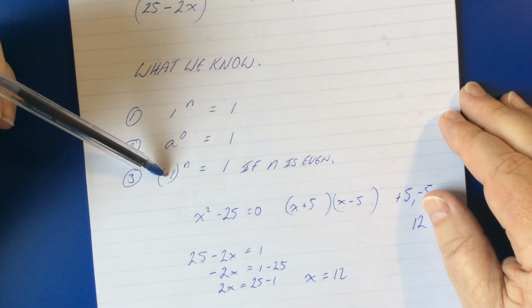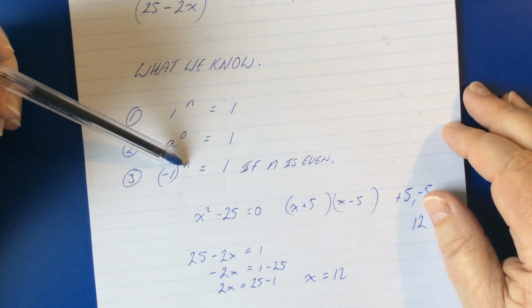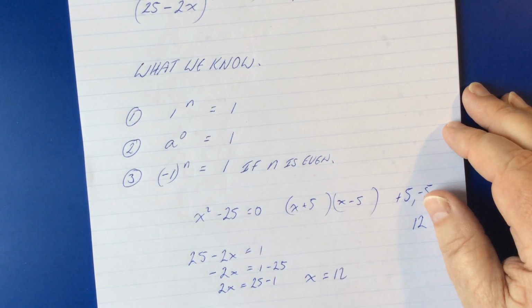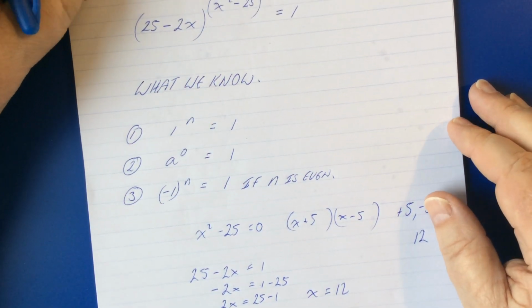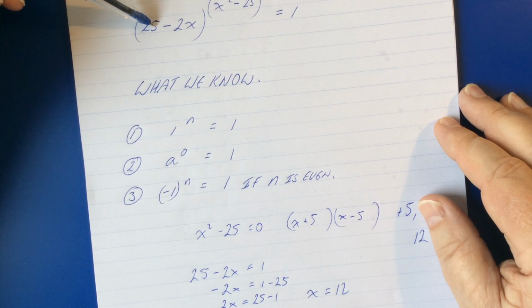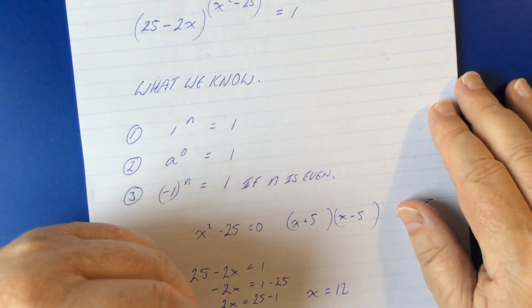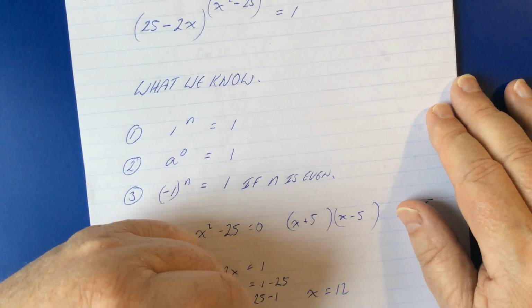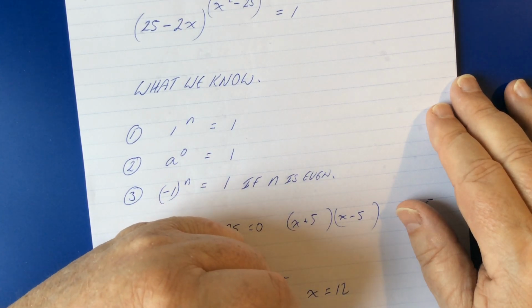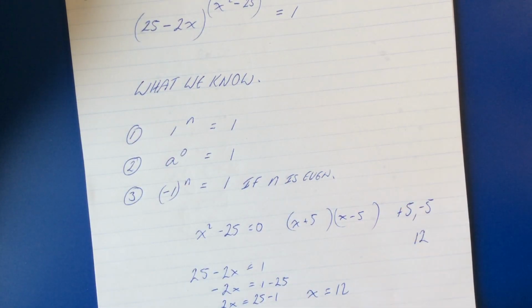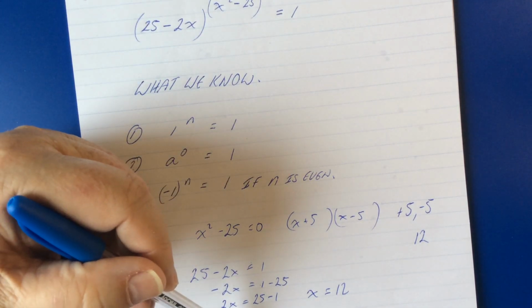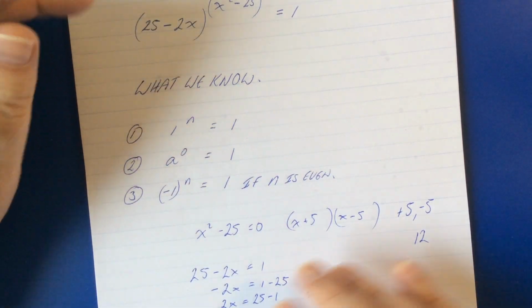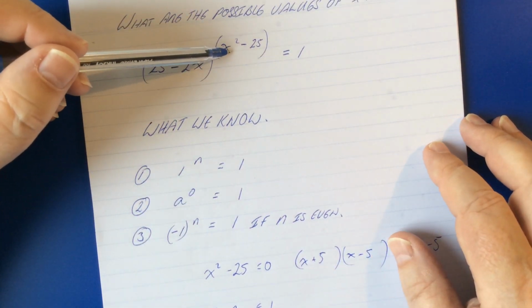Now, more interestingly, this. Negative 1 raised to the power of n is equal to 1 if n is even. So if we were to make this number, say, 13, 25 minus 2 times 13 is equal to negative 1. Okay. So if this is equal to negative 1, what does that do for this power here?